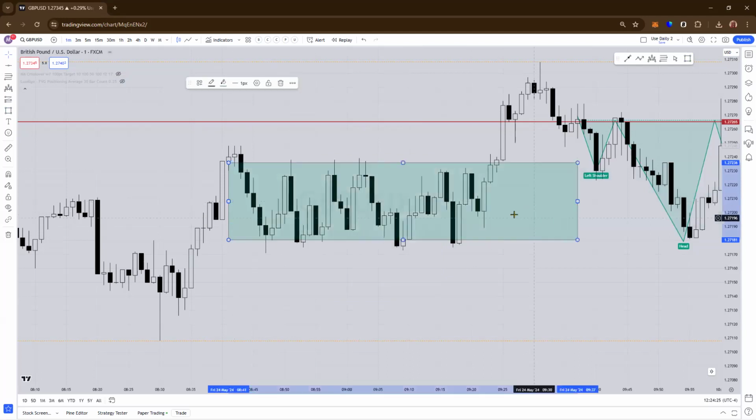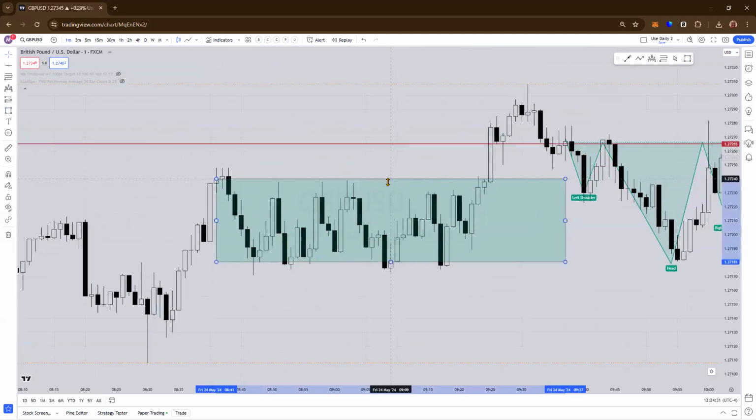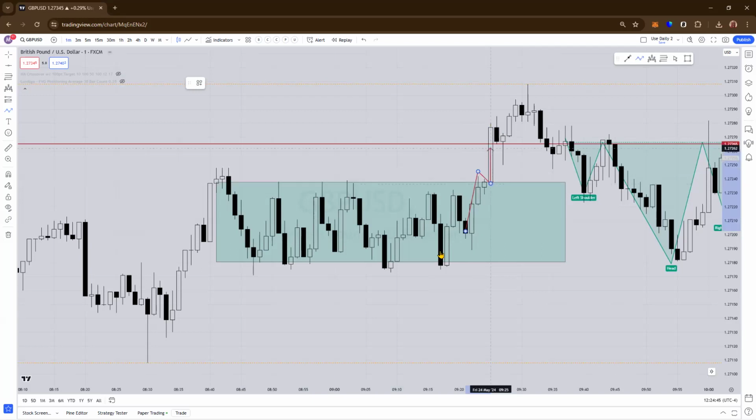But you're waiting for it to break out of the box and pull back into the box. So what it did was come out of the box right here with this candle, then pull back with this candle here and trended higher. That's considered a breakout trade.